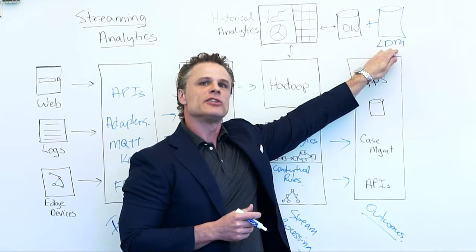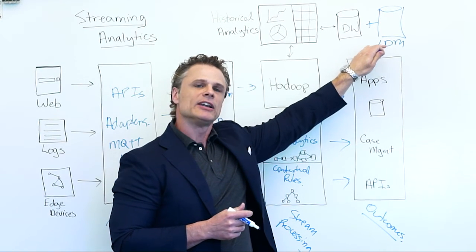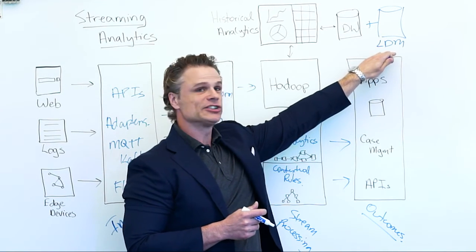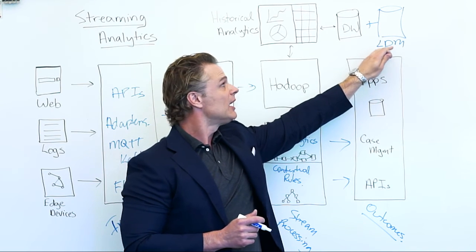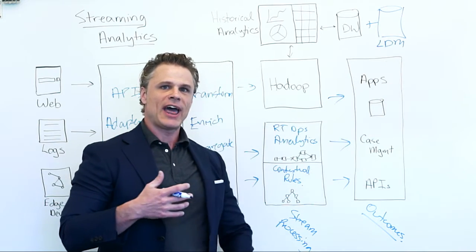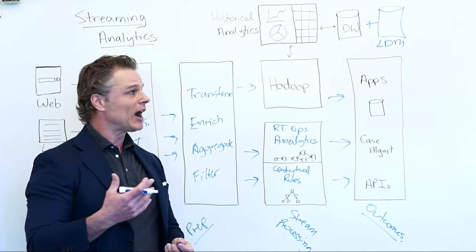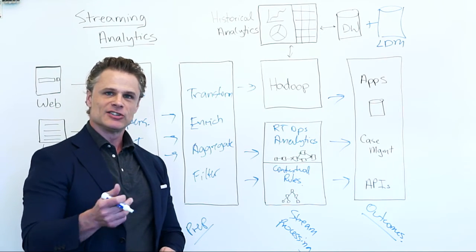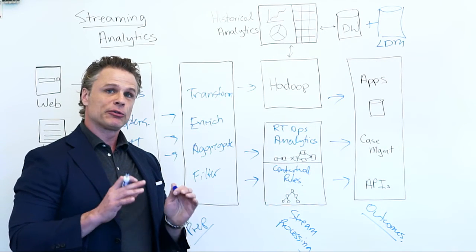The live data mart gives you the ability to continuously monitor the streams of information, and anytime a certain condition or a situation of interest is met, according to a set of user-defined criteria, that information is automatically pushed to the user. The user does not have to continuously run a report. They do not have to continuously poll the system or ask it for relevant data. It's automatically delivered to them through the use of the live data mart technology and through a very, very rich set of visualizations.